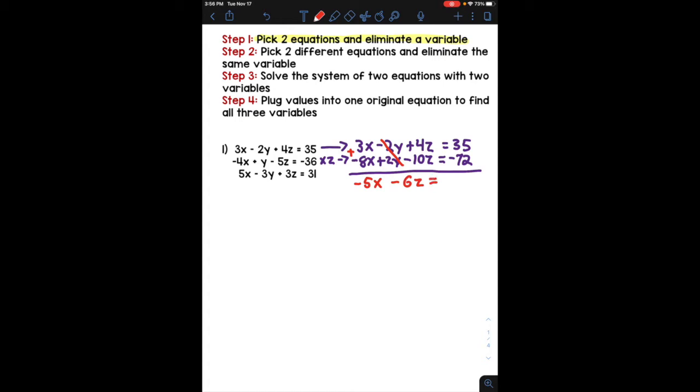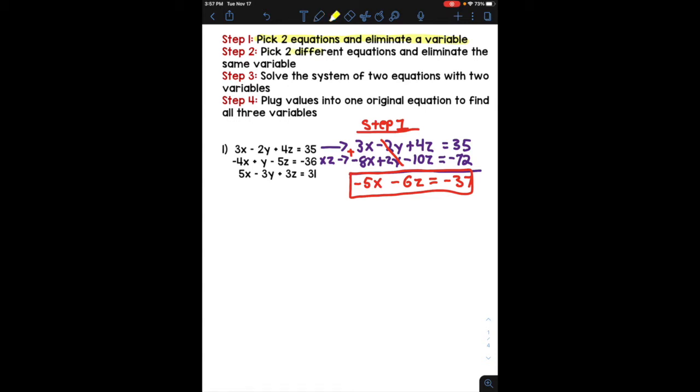On the right side, 35 plus negative 72 is going to give us negative 37. We'll call this step 1. We're going to save this equation of 2 variables for a step in the future.